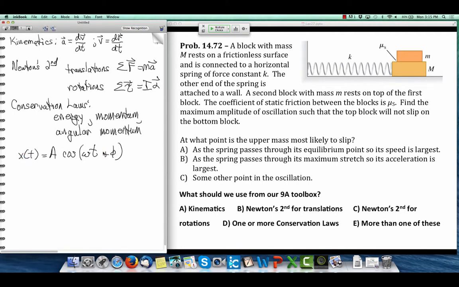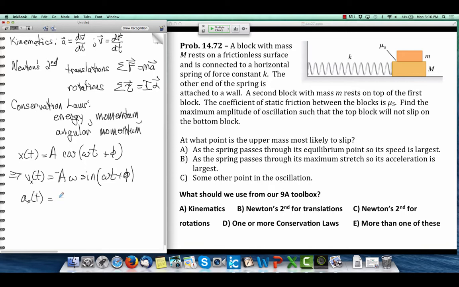Oscillations tells you something about X, and therefore you take a derivative and you get something about V, that's V sub X. And you can take another derivative and find something about A sub X. And what you find is that A sub X is, well, I'll write it down. Negative.